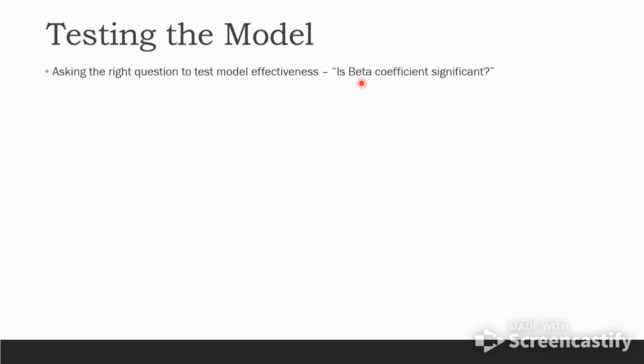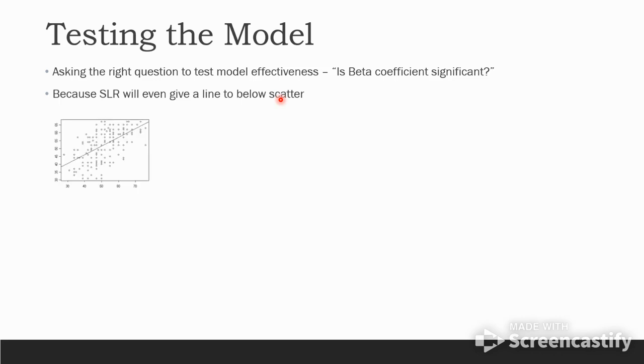So now, is that beta coefficient significant? Is it statistically significant? Why do we need to check it? Because simple linear regression is meant to give us a line, and it could give us a line for any scatter plot. But then, what is the use? So, for example, this is a scatter plot. The observed values are all over the place.